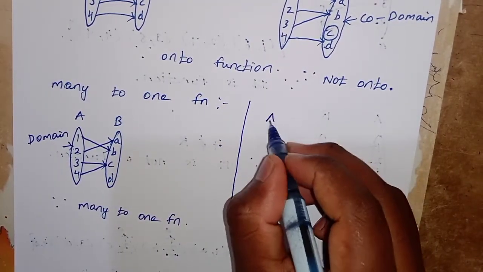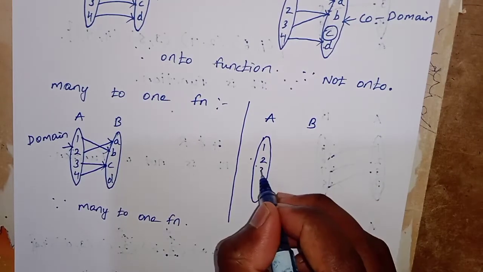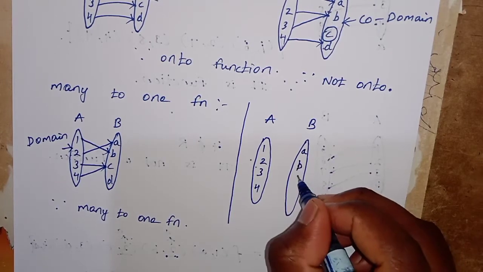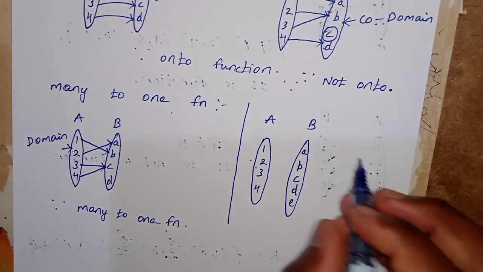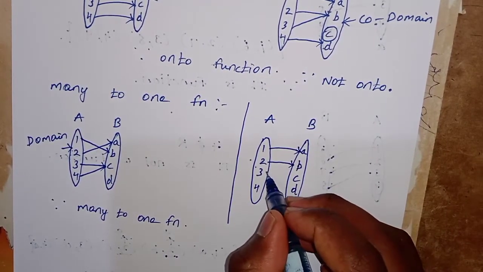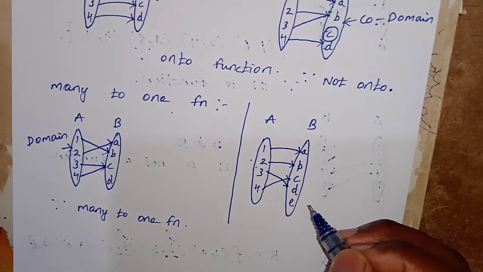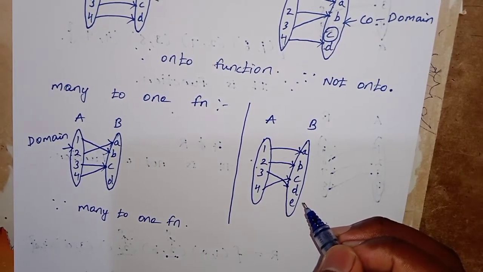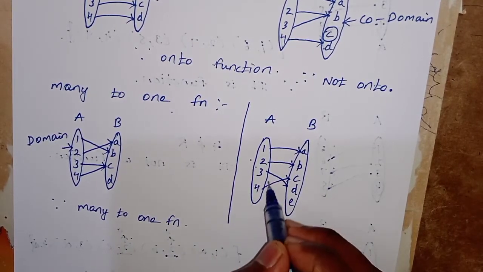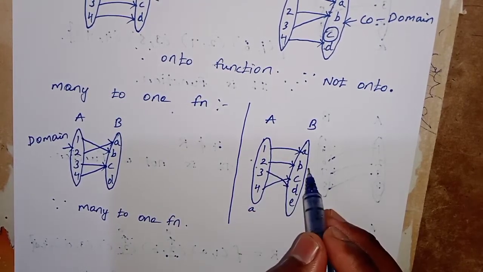Now I am giving some examples. A, B, 1, 2, 3, 4. Here A, B, C, D, E. 1 is related to A, 2 is related to B, 3 is related to D, 4 is related to C. Now you have to check whether it is one-one or many to one. How will you check? Every element in set A, belonging to capital A, should have only one image.